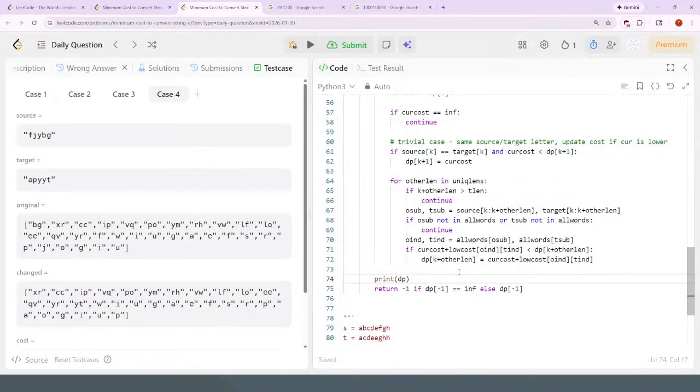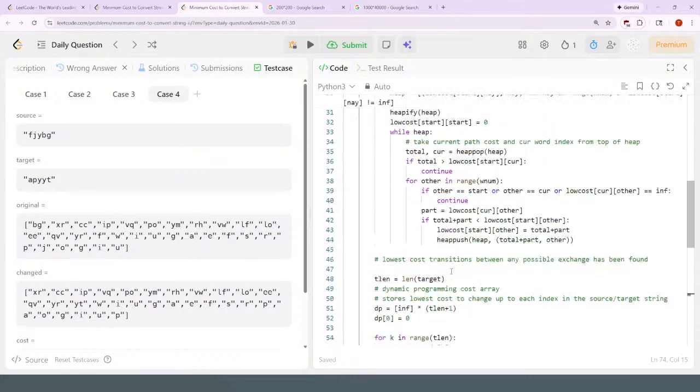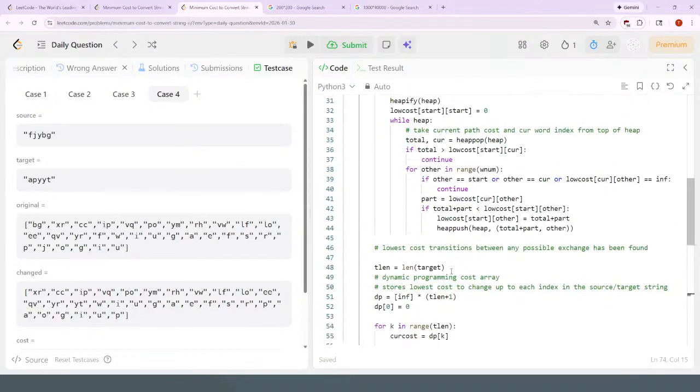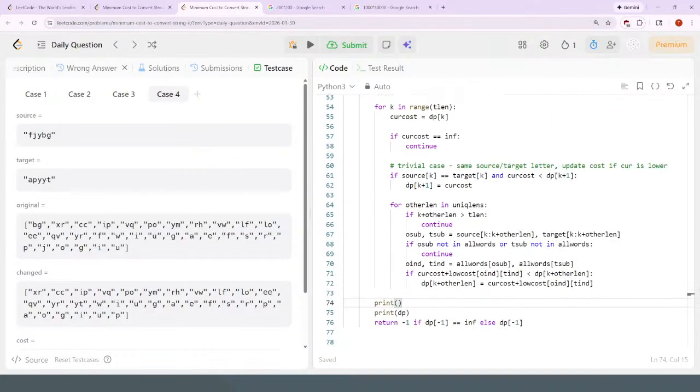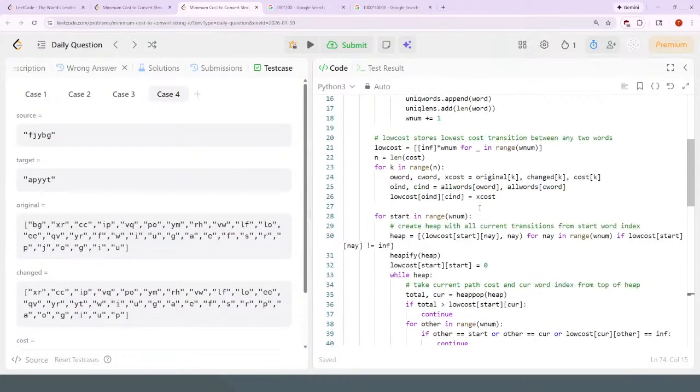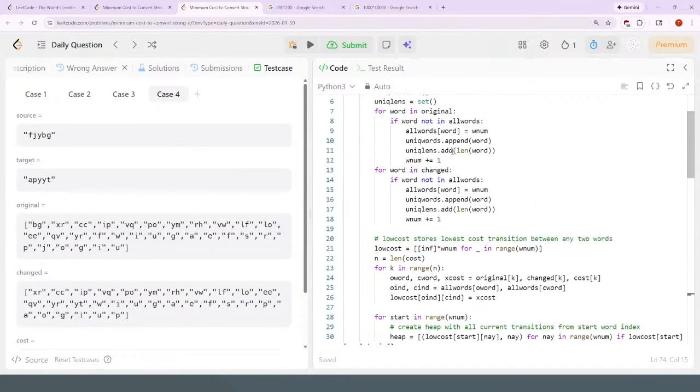Alright, so I think I need to know what my matrix looks like. How do I do this? Did I ever use unique words? Guess I never used unique words after I even created it.